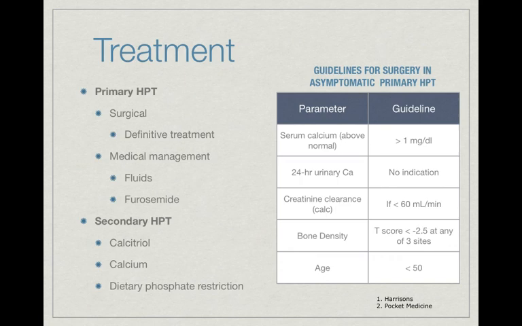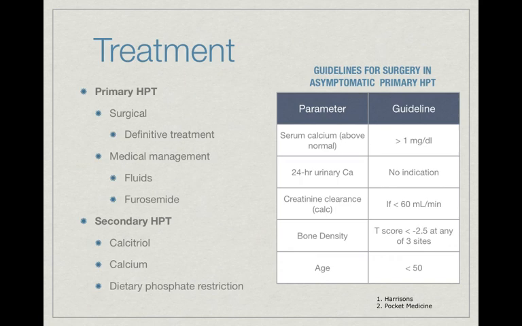So here are parameters to guide you in whether a patient should have surgery. This is definitely high yield for your surgery shelf exam, or also for Step 2 CK. So serum calcium should be 1 milligram per deciliter above the normal limits. Creatinine clearance should be less than 60 mL per minute. Bone density. If they have low bone density from all that bone resorption, that's going to be reflected in a T-score less than -2.5.